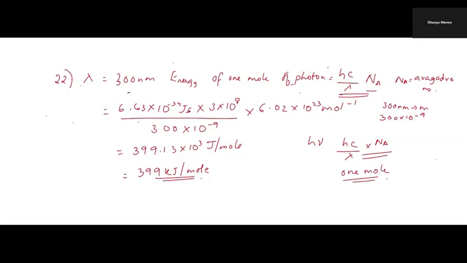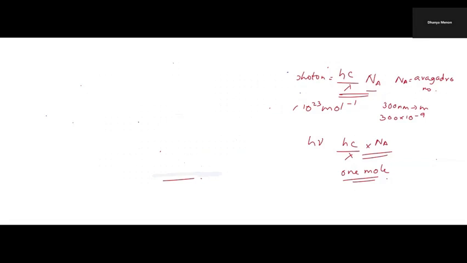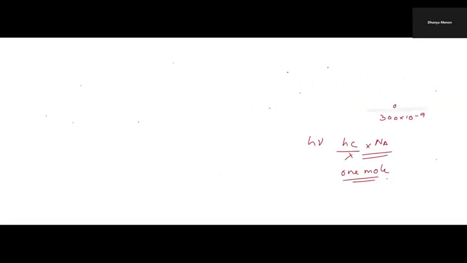Now coming to the 23rd question. The pair in which ions are isoelectronic with aluminium ion.